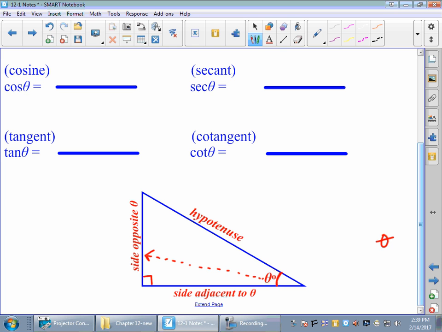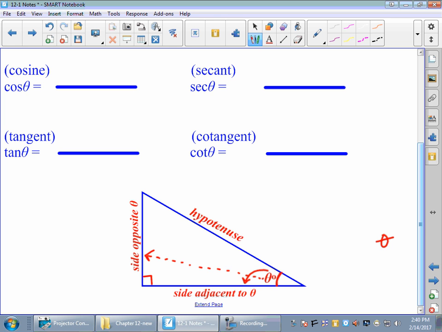And then the side next to is called the adjacent side. That's another name for next to or right next to. So adjacent is the one that's touching the angle. And then the other one, of course, is the hypotenuse. So when you talk about opposite and adjacent, you're talking about the legs, and then you have the hypotenuse. So it's always good to label those first so you understand where they're at.